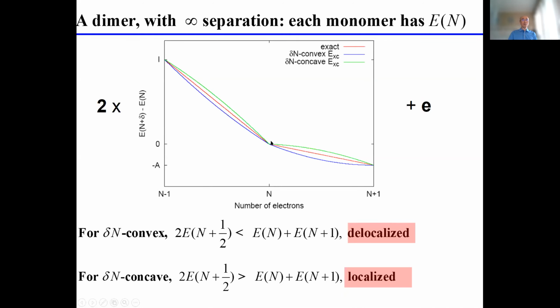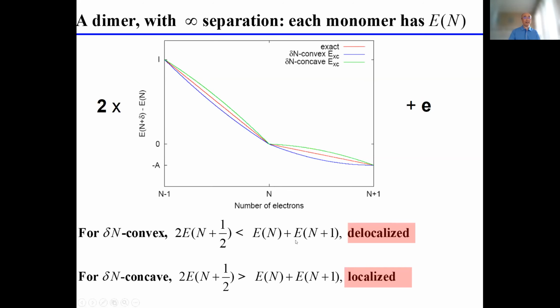So if you take two molecules and add an electron, for a functional with convex deviation, the electron will sit here with half an electron on each. We get a delocalized answer because the localized answer is high in energy. Or if you have Hartree-Fock theory, with concave deviation, then it will give a localized answer. But the true answer is degenerate. It doesn't matter, it's the same energy.